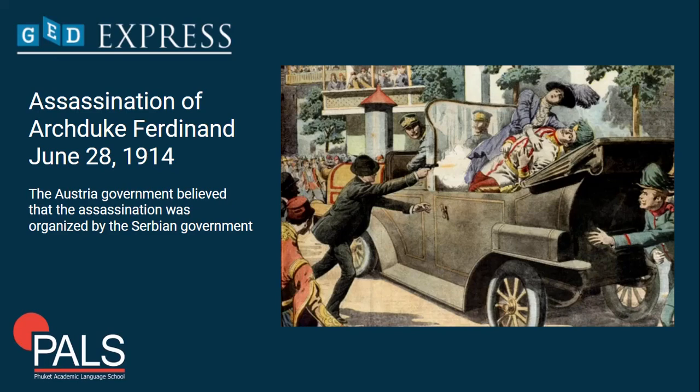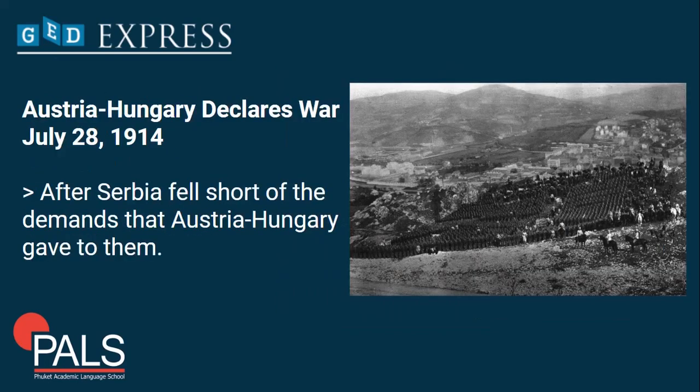Okay, so what happened after this? Austria-Hungary declares war. Austria-Hungary issued a number of harsh demands after the assassination of Archduke Ferdinand. They demanded Serbia to pay a certain amount of money. They have a lot of demands.